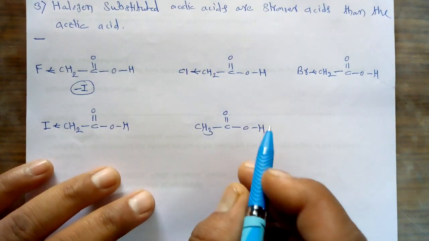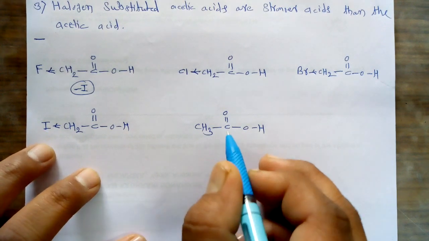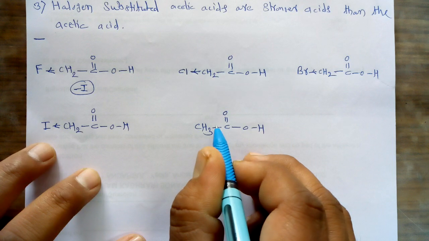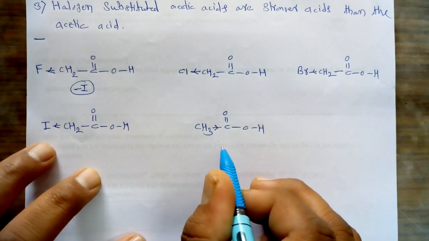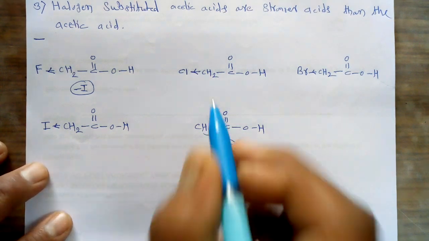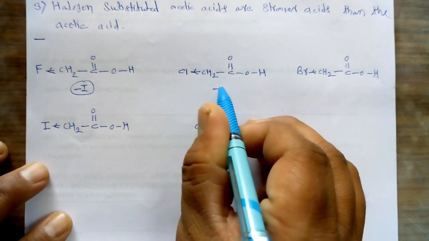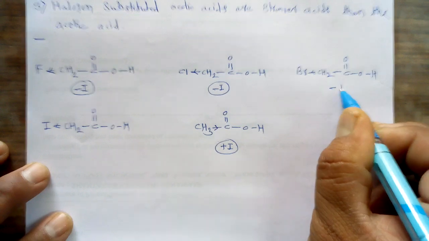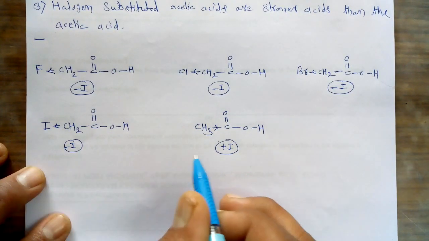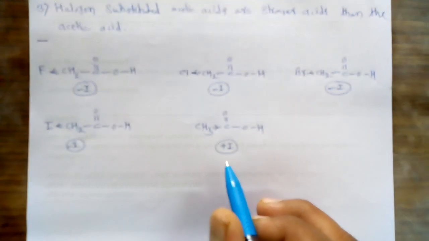We know that methyl cannot show the minus I inductive effect. Instead it shows the plus I inductive effect, because it is an electron donating group. So in each of these halogen acids, minus I inductive effect is present, while in plain acetic acid, plus I inductive effect is present.